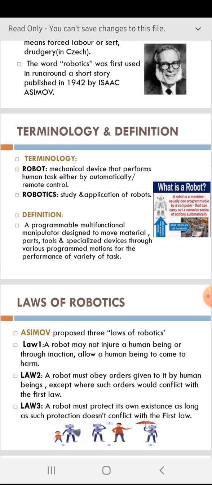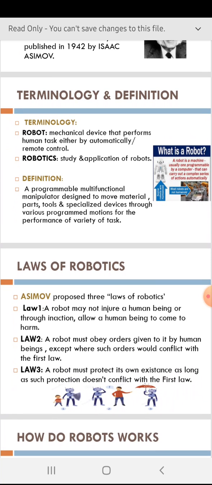Law 2: a robot must obey the orders given to it by a human being, except where such orders would conflict with the first law. Law 3: a robot must protect its own existence as long as such protection doesn't conflict with the first law. The 3 figures beautifully explain all 3 laws.